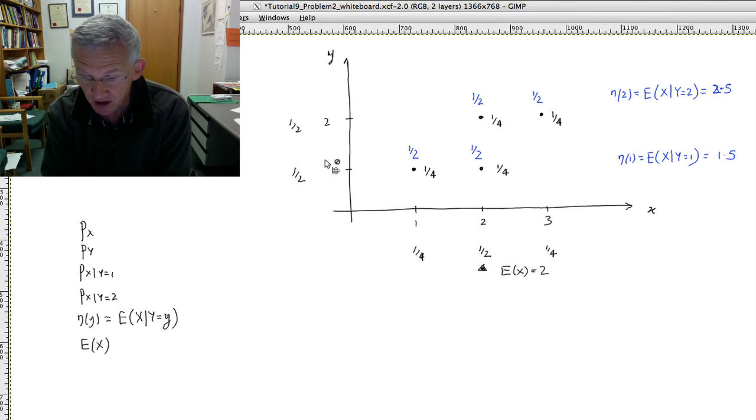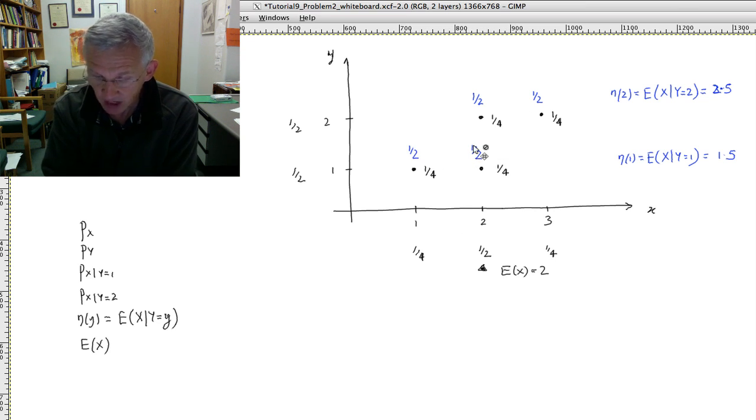So when y is 1, which happens half the time, x averages 1.5. And when y is 2, which happens half the time, x averages 2.5. And so its overall mean will be the weighted average of those.